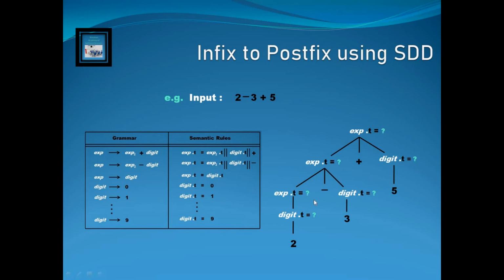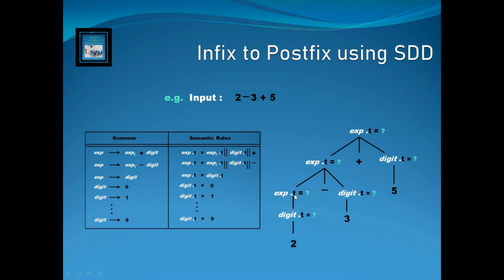So when we go to this leftmost child, here expression can have the form of digit. So this expression's postfix form still cannot be evaluated using these semantic rules.